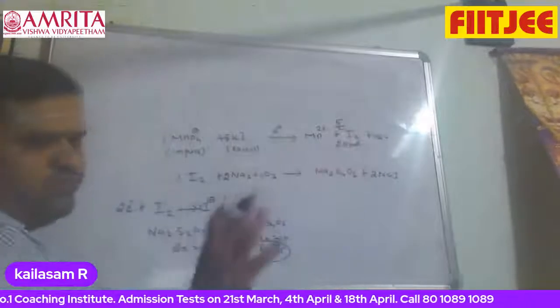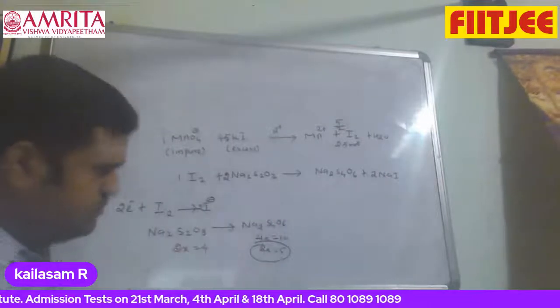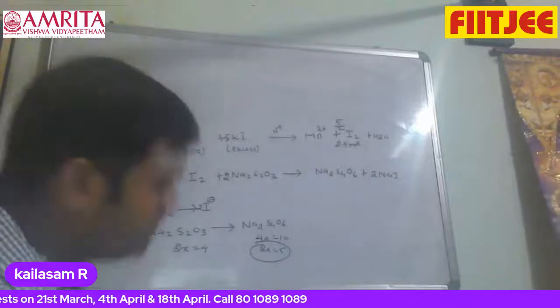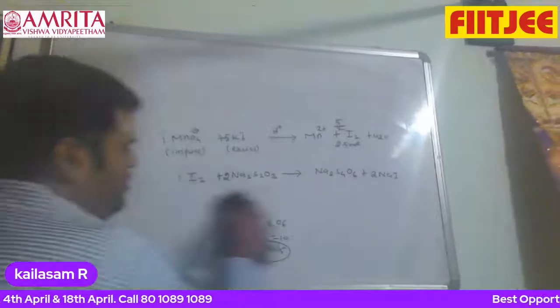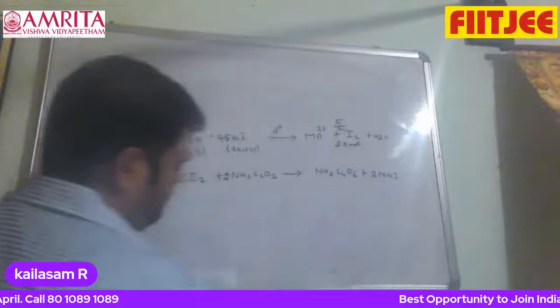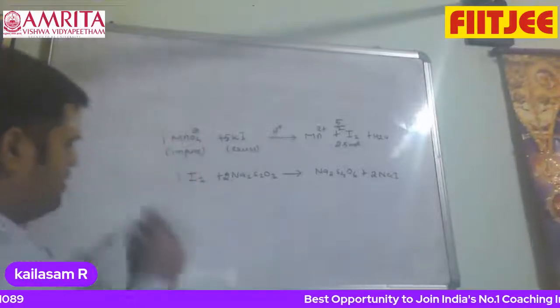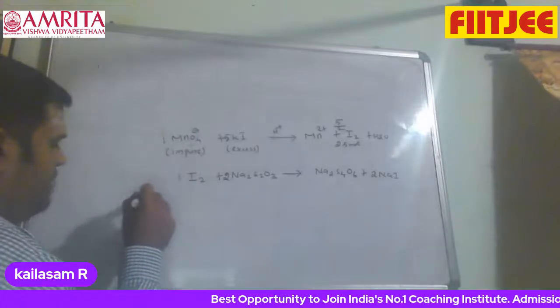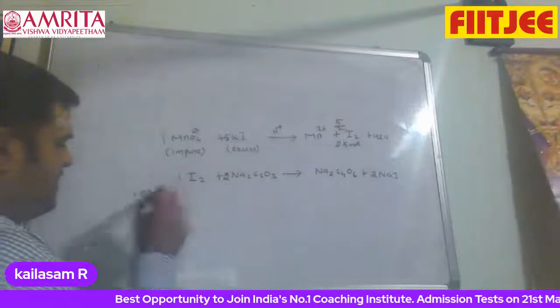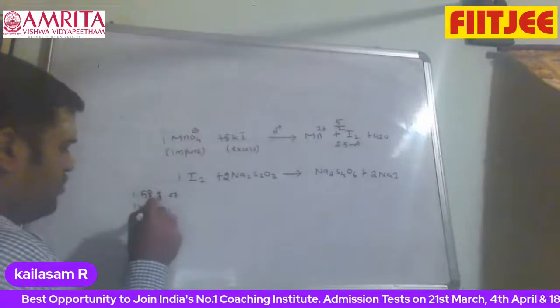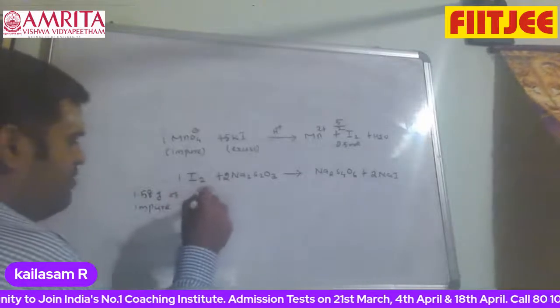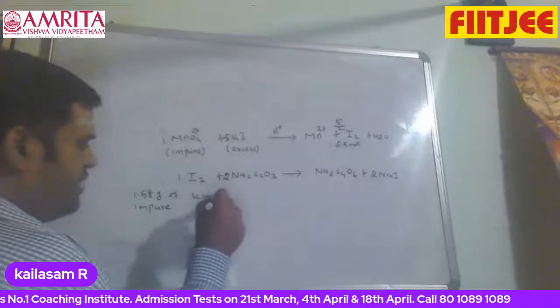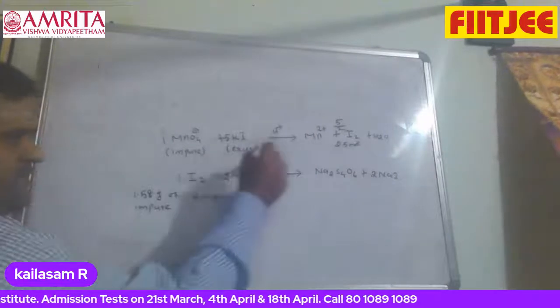Now I want to give you a simple question from this, because it is the same thing. 1.58 gram of impure KMnO4 is treated with excess of KI.